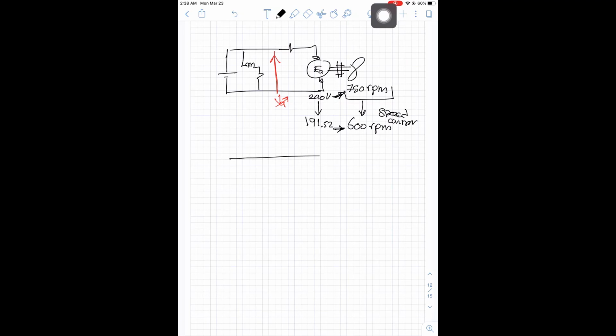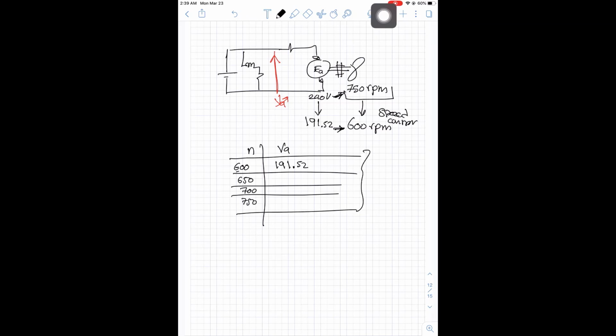So actually you can construct a lookup table. Here is the speed, and what is V armature for this speed. If the speed is 600 RPM, we need a voltage of 191.52. We can do this for 650, 700, and 750. So we can fill what is called a lookup table.